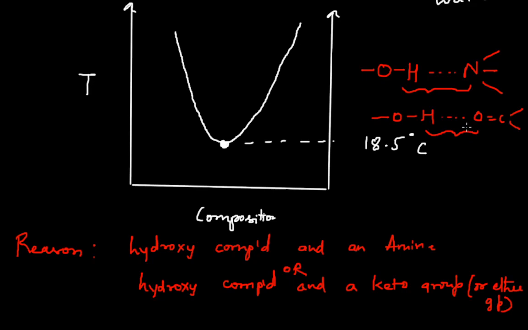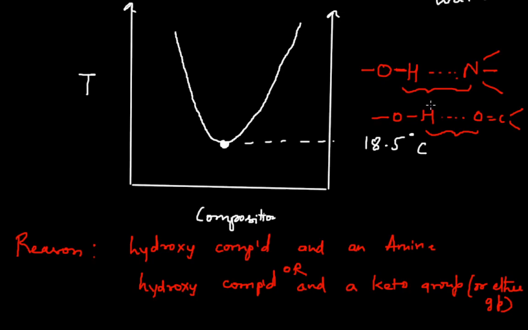Now when the temperature is increased, you are providing thermal energy. Thermal energy means the weaker bonds will break. Which is the weaker bond here, the covalent bond or the hydrogen bond? Of course the hydrogen bond is weaker, so hydrogen bonds will break. As hydrogen bonds break, their mutual association decreases and therefore their solubility also decreases.